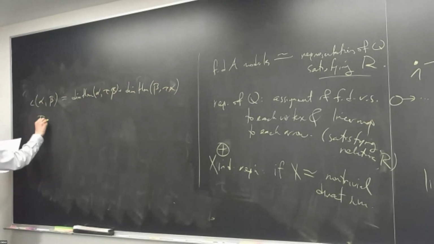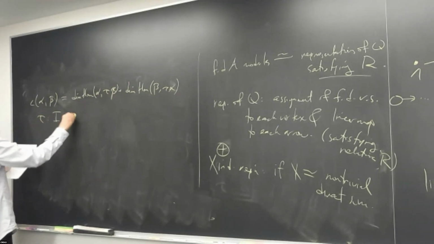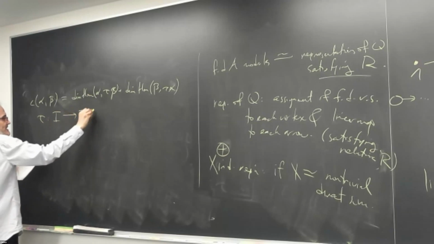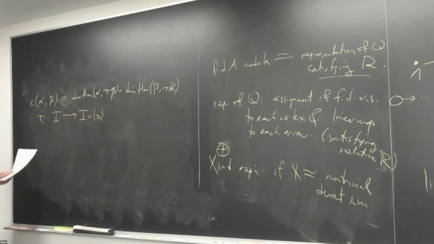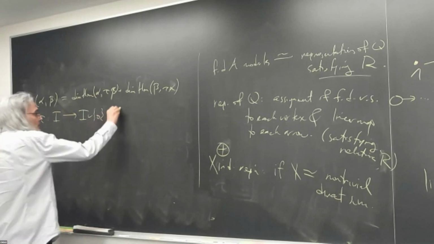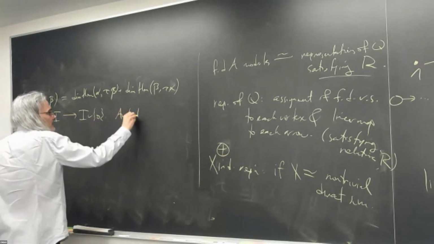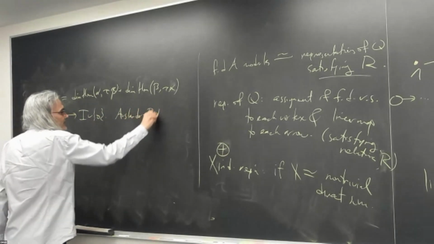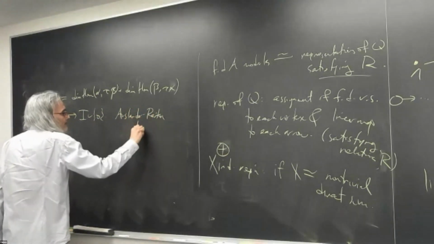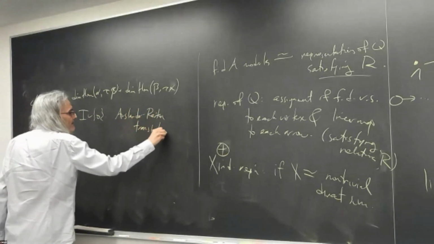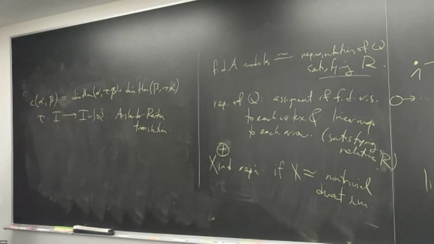Tau takes the indexing set to the indexing set, but it kills some of them. I won't say too much about that, but it plays an important role in the study of representations of finite-dimensional algebras.